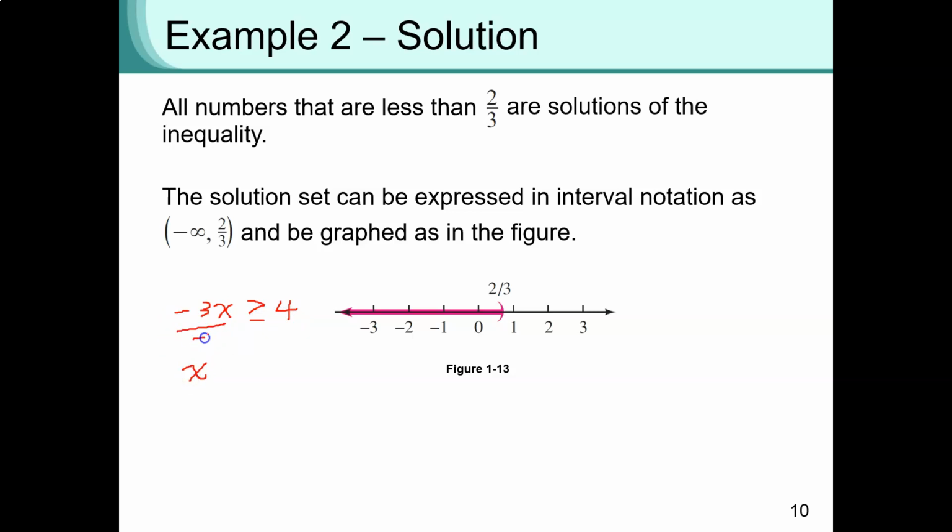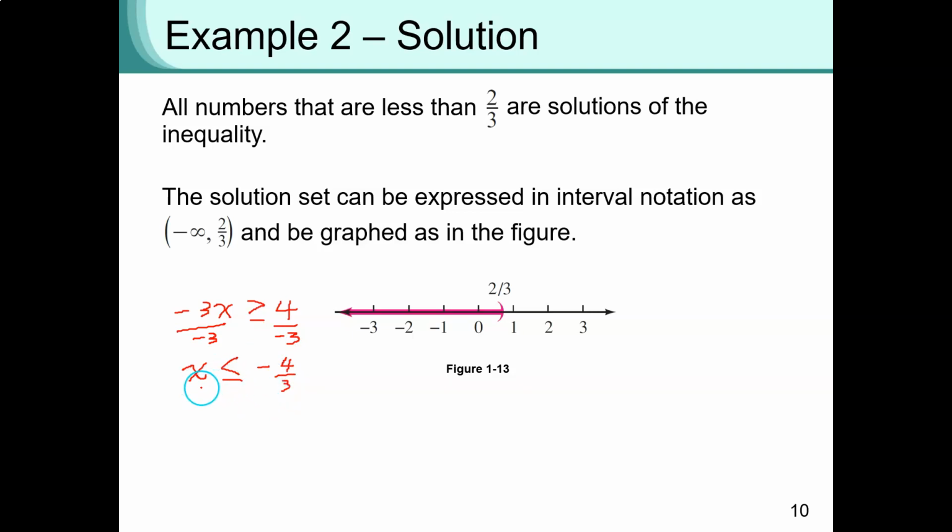When I divide by negative 3, keep in mind, according to the earlier property we went over, when we divide by a negative number in an inequality, we have to swap the sign because c is a negative number. So I'm going to change the direction of the inequality the other way around. Now the right-hand side, we will have negative 4/3. I can bring the negative sign to the side.